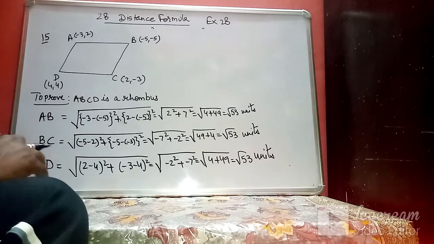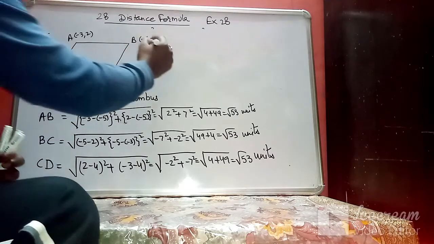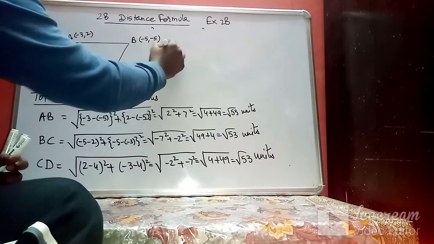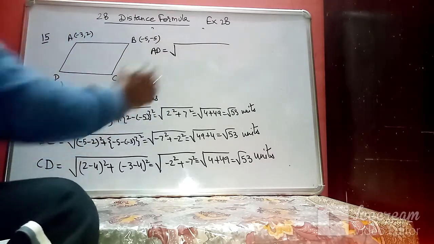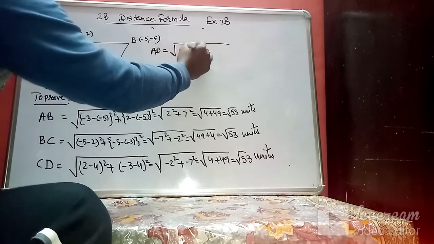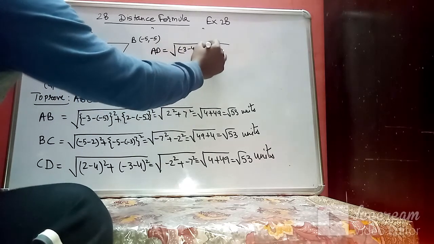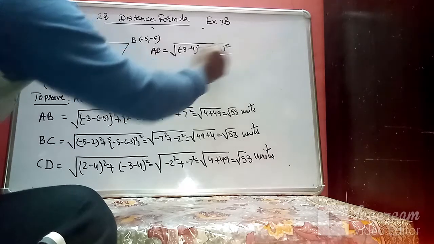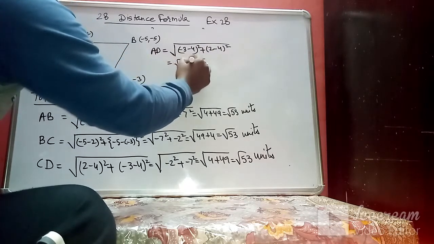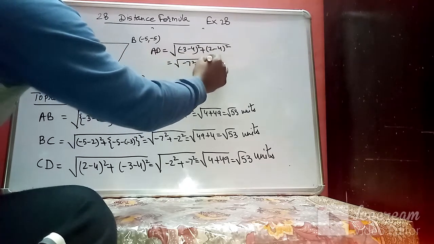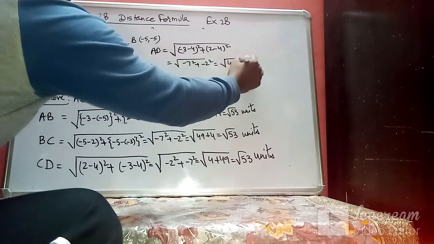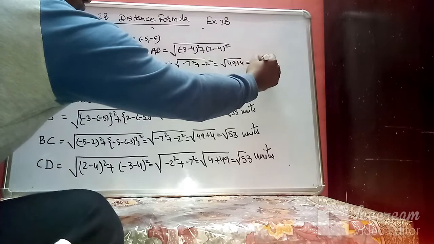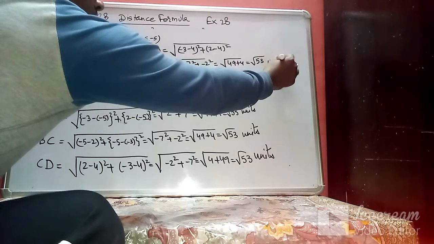Let's see the last side which is left, that is AD. So what will be AD by the distance formula? Minus 3 minus 4 whole square plus 2 minus 4 square, that is minus 7 square plus minus 2 square, 49 plus 4, root 53 units.